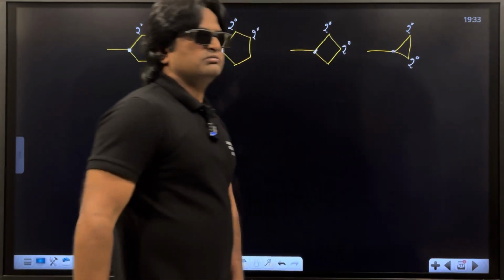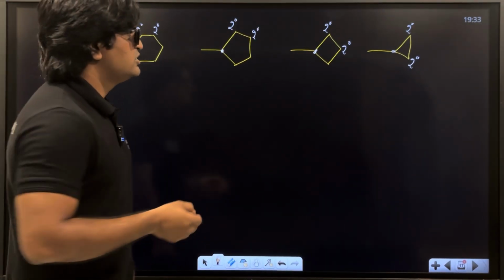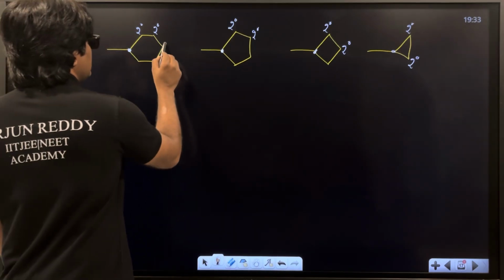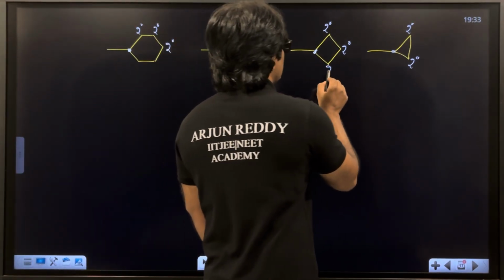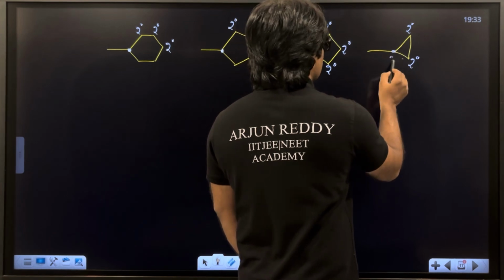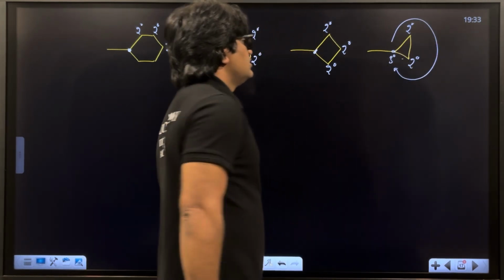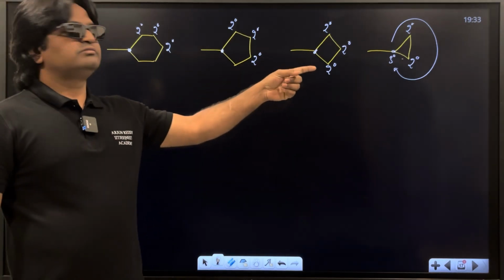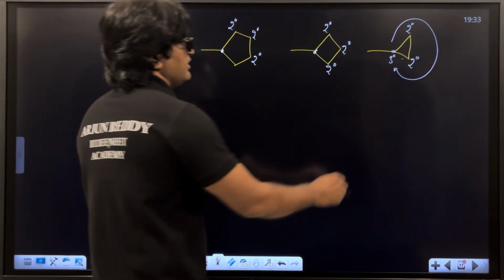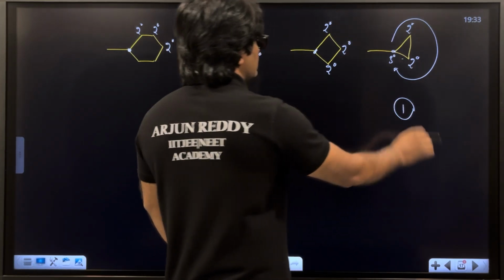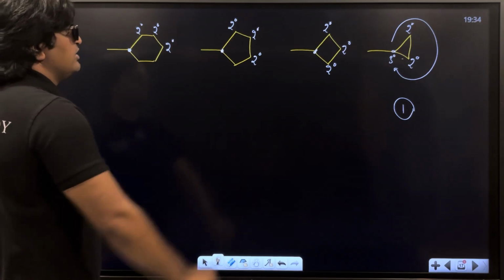Again we are getting same carbon atoms, there is no point of difference. And here 2 degree carbon, 2 degree carbon, 2 degree carbon, but what is the carbon atom here? 3 degree carbon atom. Just we are moving like this. Where you get the 3 degree carbon atom, in the last one you get the 3 degree carbon atom. That's why first priority should be given to this one. Okay, next, how to decide among these three molecules?